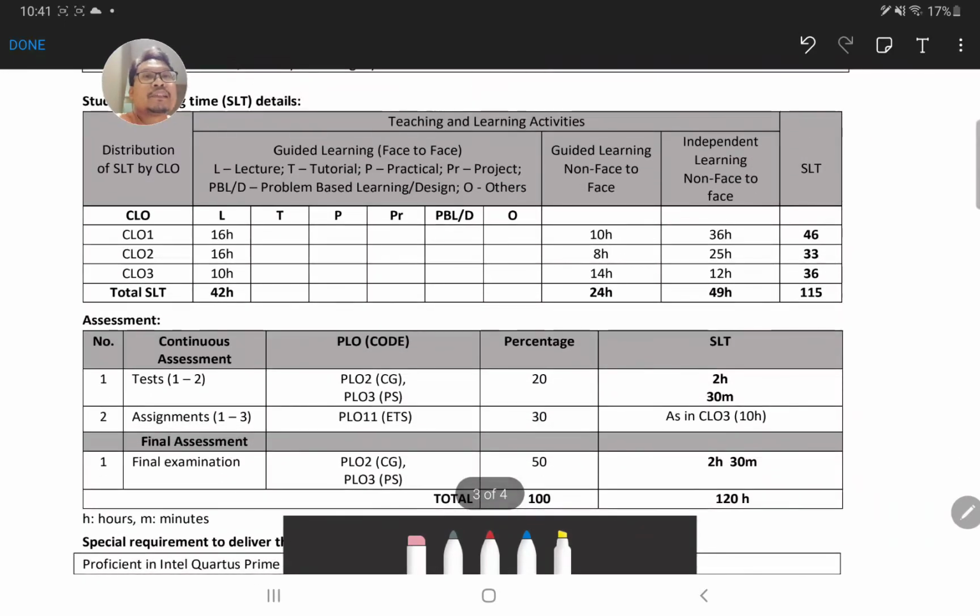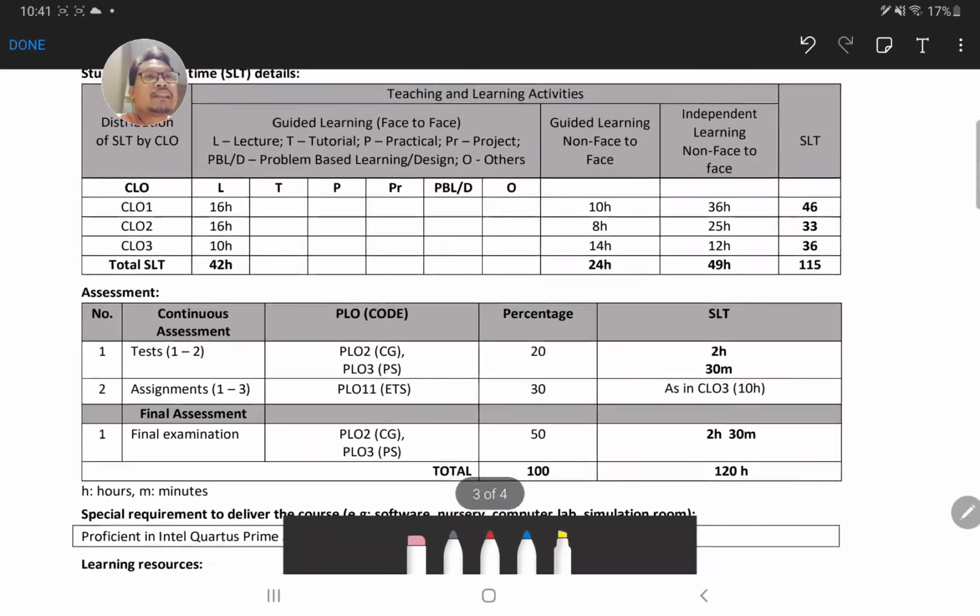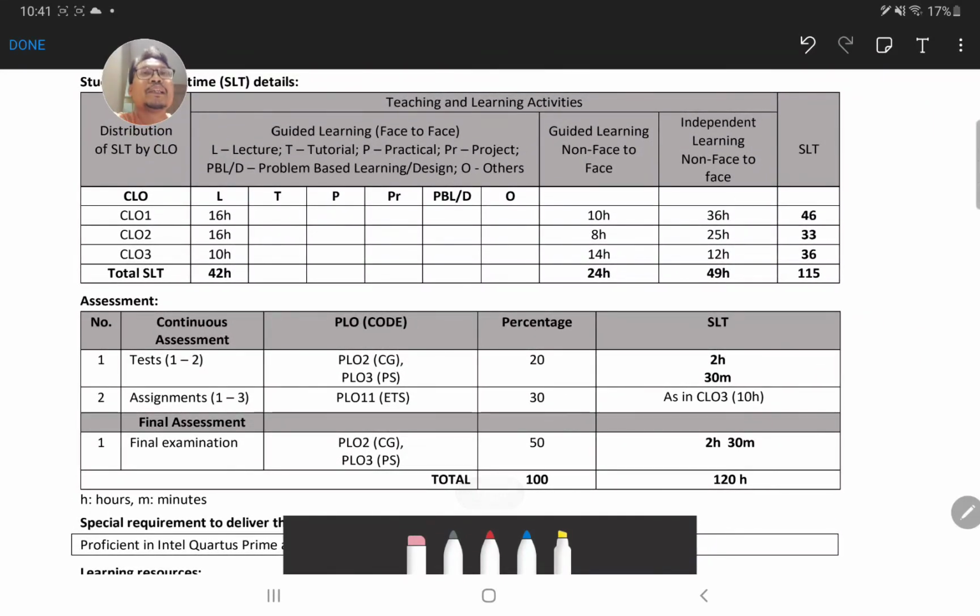Okay, and then we can look at the expected learning time. So how many hours should you spend on the course, right? So total face-to-face hours theoretically is 42, but it's online and everything, so maybe plus minus there. Okay, plus minus 42 hours.